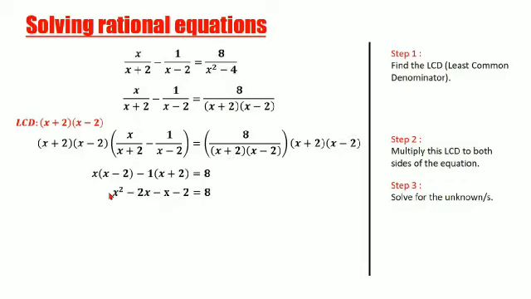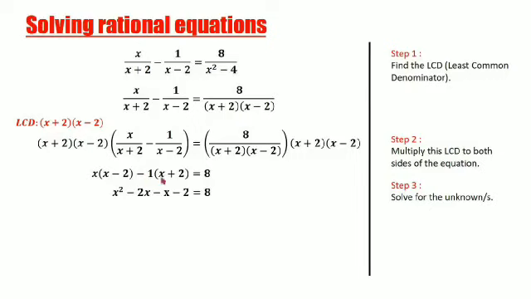Simplifying further, we have x times x is x squared, x times negative 2 is negative 2x, minus 1 times x is x, and 1 times 2 is negative 2. We have negative 2 here because we included this sign here of the operation minus to the sign of our 1.